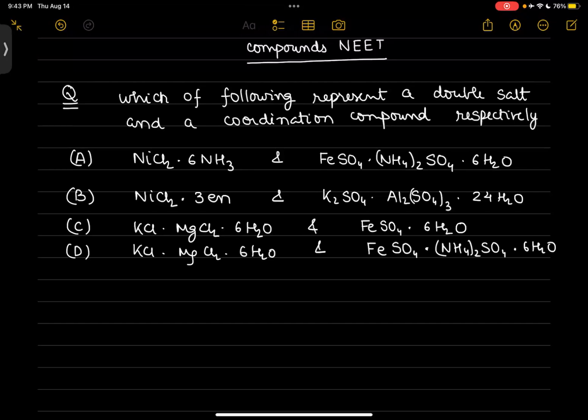But in a coordination compound, part of it remains intact. It doesn't separate completely. So for a double salt and a coordination compound respectively, you need to look at this.